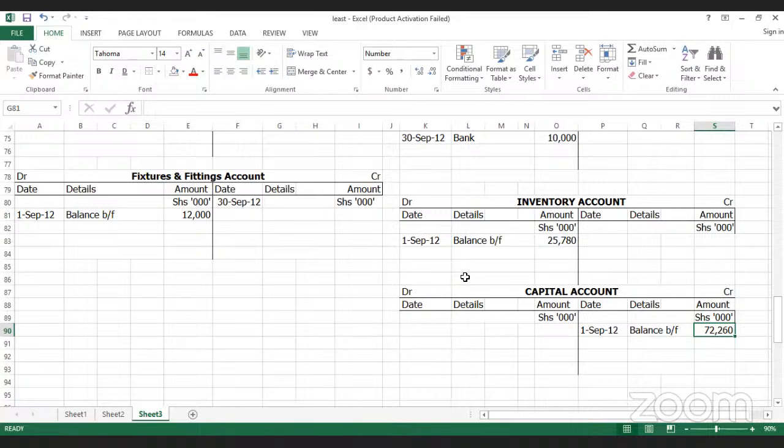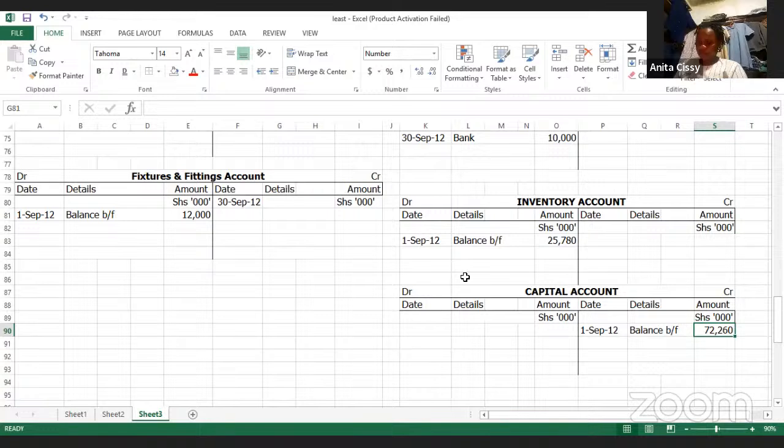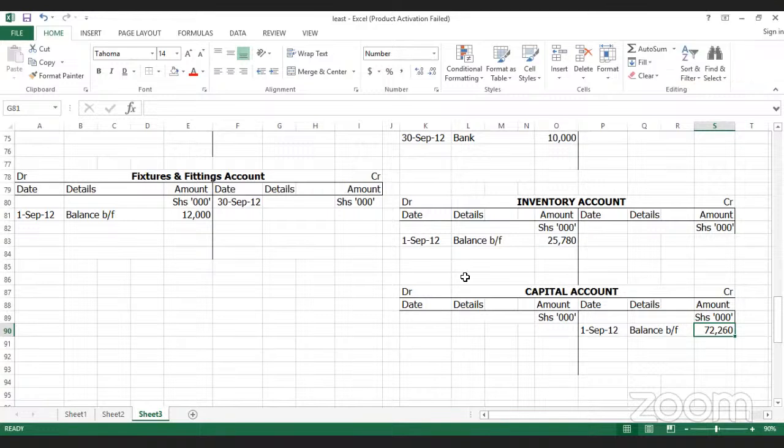So members, we have all the accounts we need. So what do we have to do? We can balance the accounts one by one.